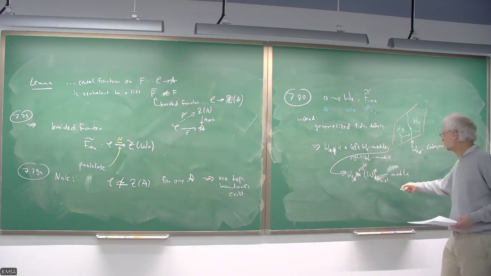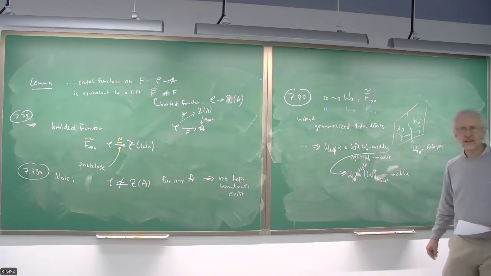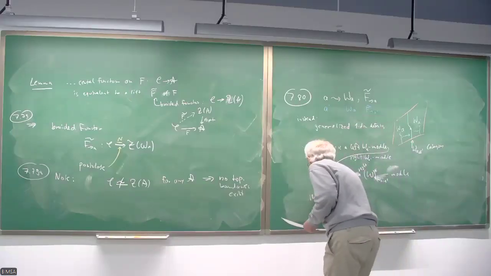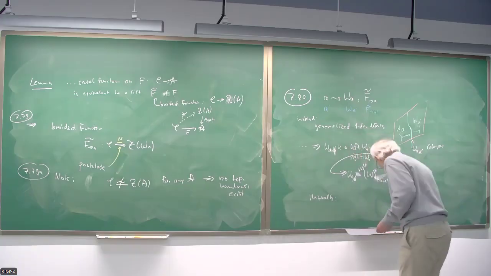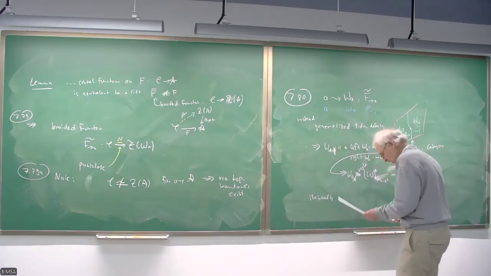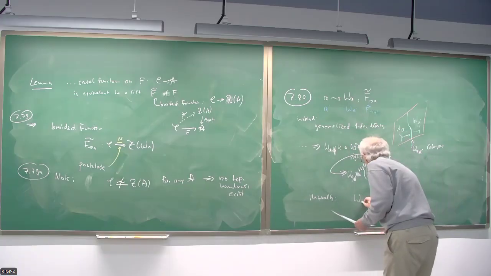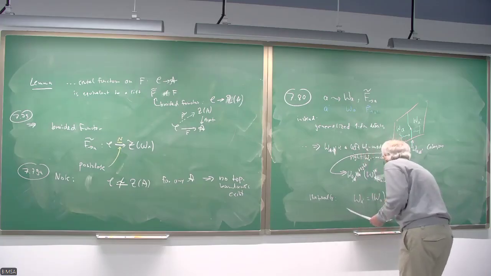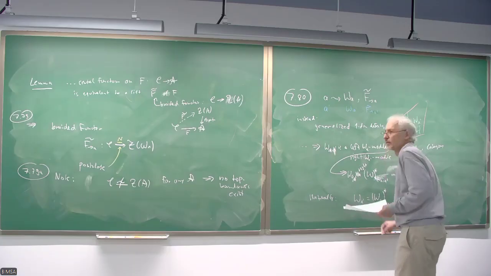So it's both the right module for this category and over this category. So the simple thing is that naturally you would expect, or you would restrict to the situation that W_A prime is the dual of W_AA prime.